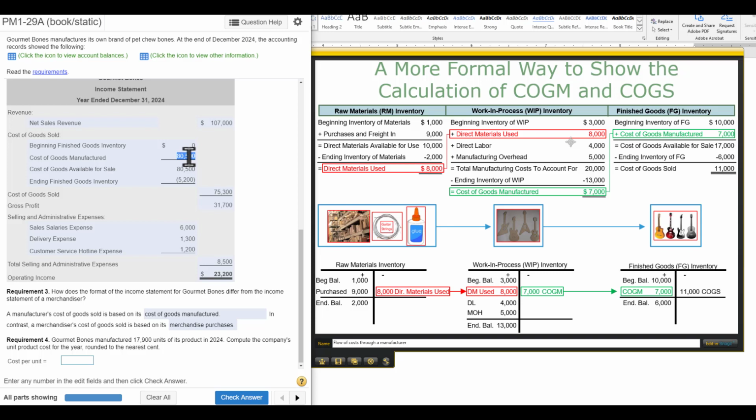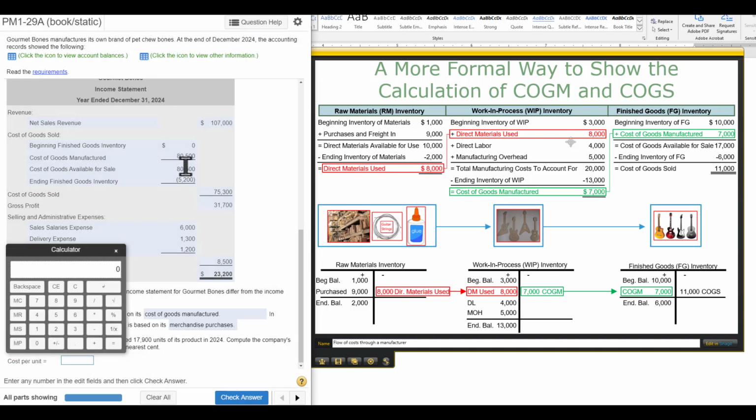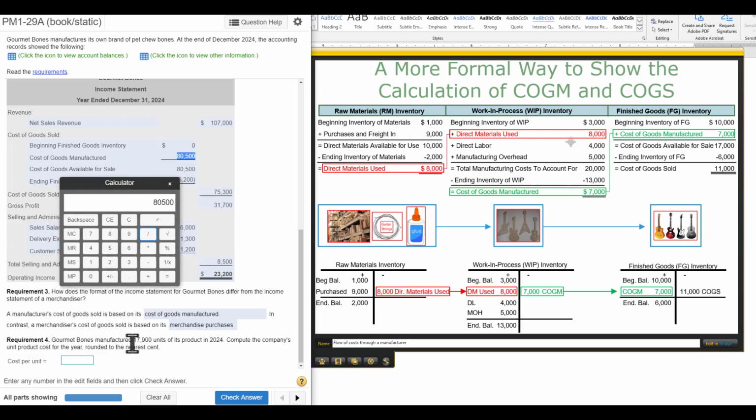So we take the total cost to manufacture them, divided by the number that we made, gives us our cost per unit. So we're going to take this cost of goods manufactured, 80,500, divided by the number of units, 17,900.